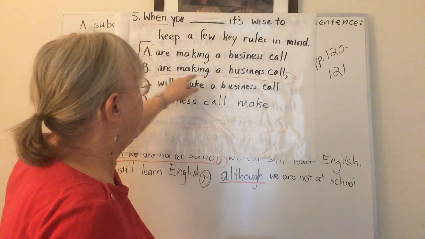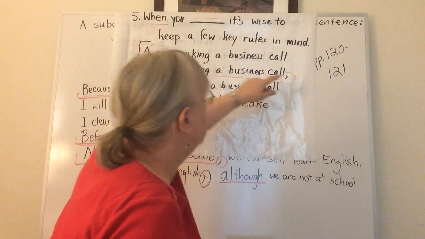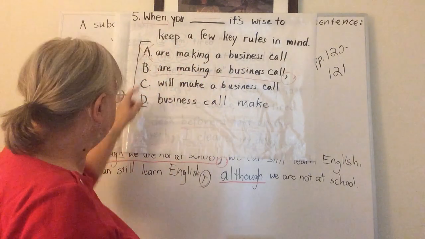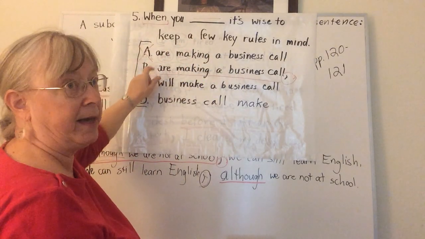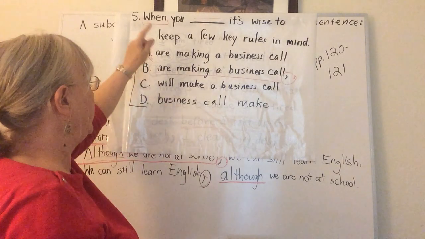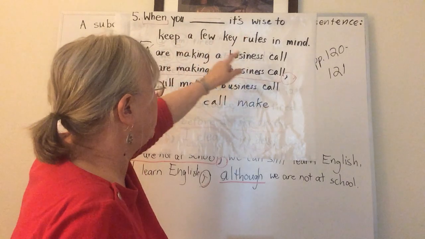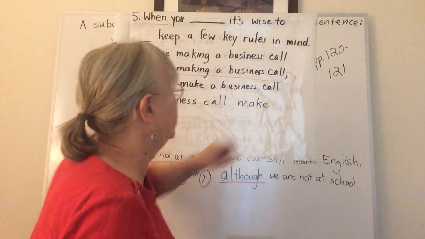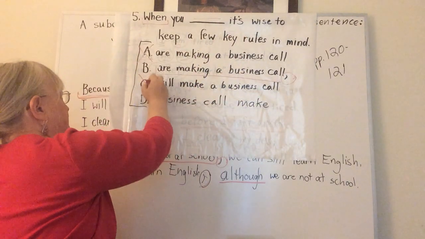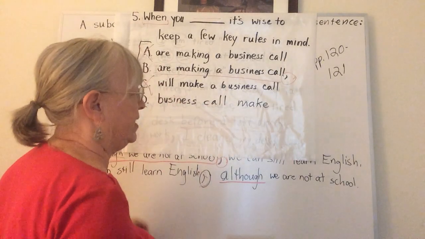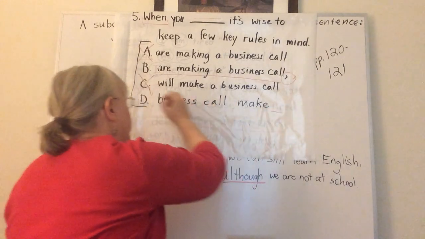When you are making a business call, comma, it's wise to keep a few key rules in mind. That could be it. It's probably it. Let's just keep reading. When you will make a business call, it's wise to keep a few key rules in mind. There's no comma. So C is not it. And D, look, besides the fact that these words don't make any sense, there's no comma.